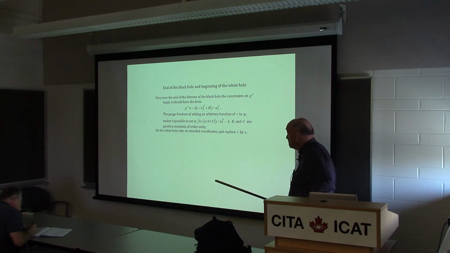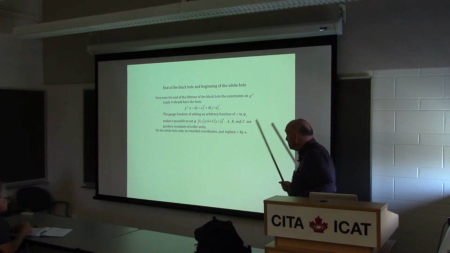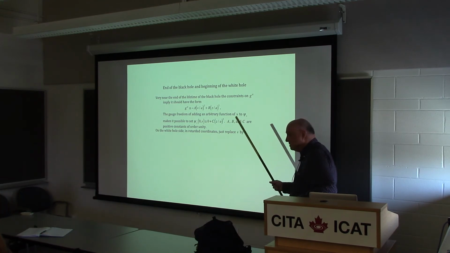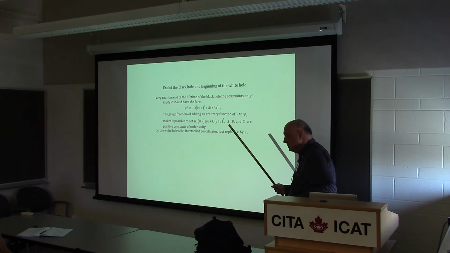So now, I'm not going to assume very much about how these G_ZC and psi_v and psi_u and so on really vary over the whole space-time. I'm just considering what happens near the transition.